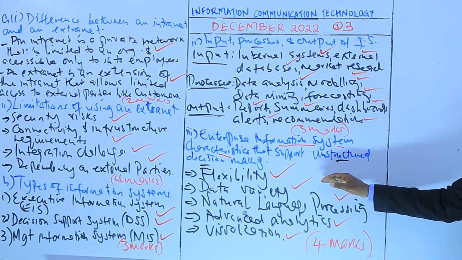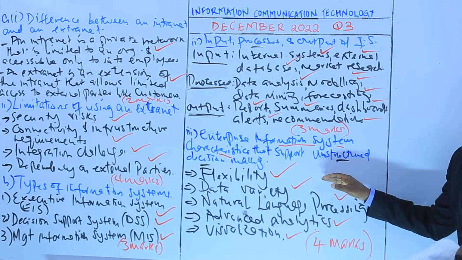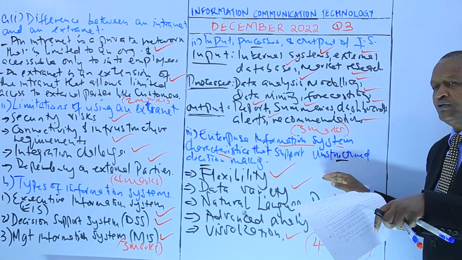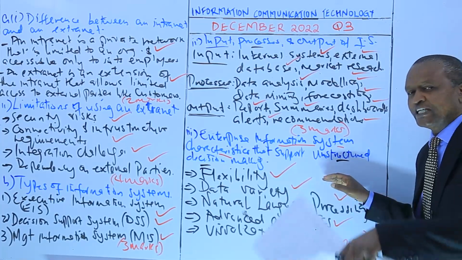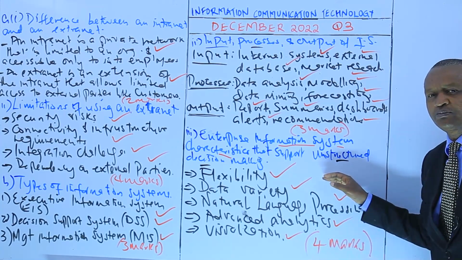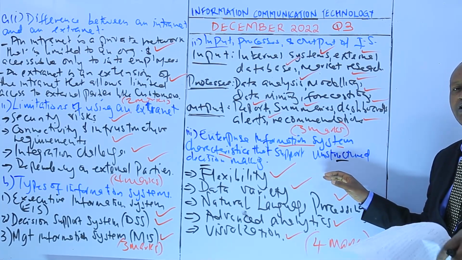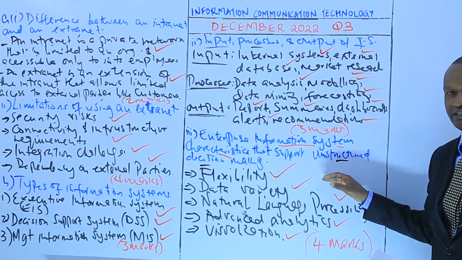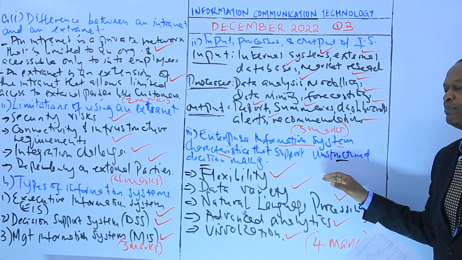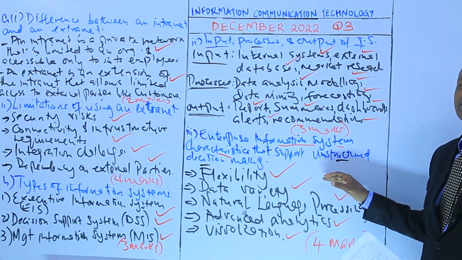Then number 2, we have business intelligence dashboards. Candidates, modern business intelligence dashboards often include features for analyzing unstructured data, such as comments, feedback, open-ended survey responses, and so on.